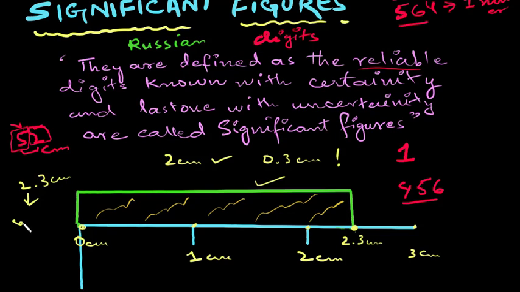Certainty means it's certain, and 3 is uncertain.